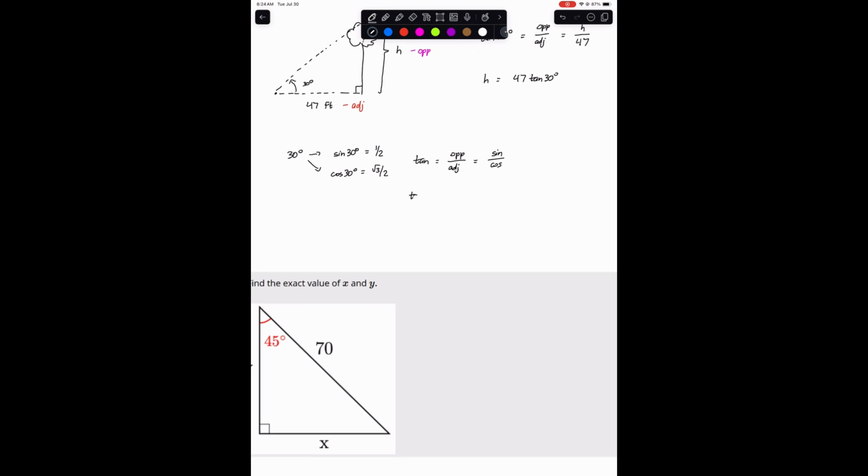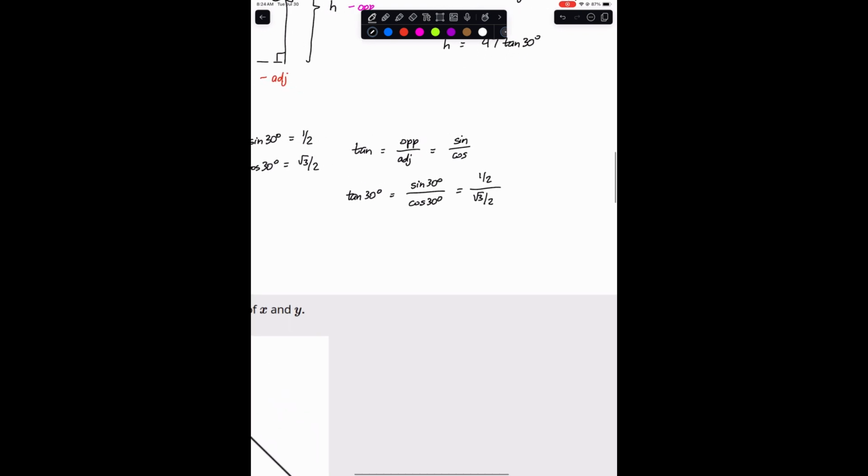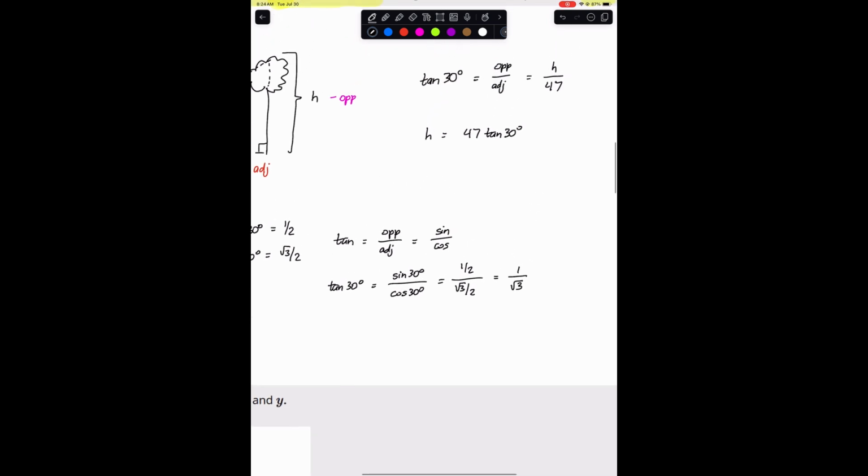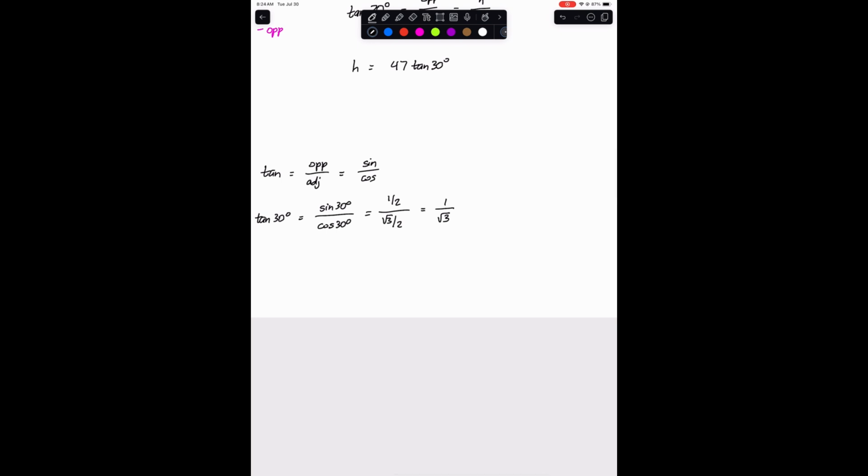That means my tangent at 30 degrees is equal to sine at 30 degrees over cosine at 30 degrees, which is equal to 1/2 over the square root of 3 over 2. We can multiply top and bottom by 2, and we just get 1 over root 3. We can rationalize this by multiplying top and bottom by the denominator, and we get root 3 over 3.